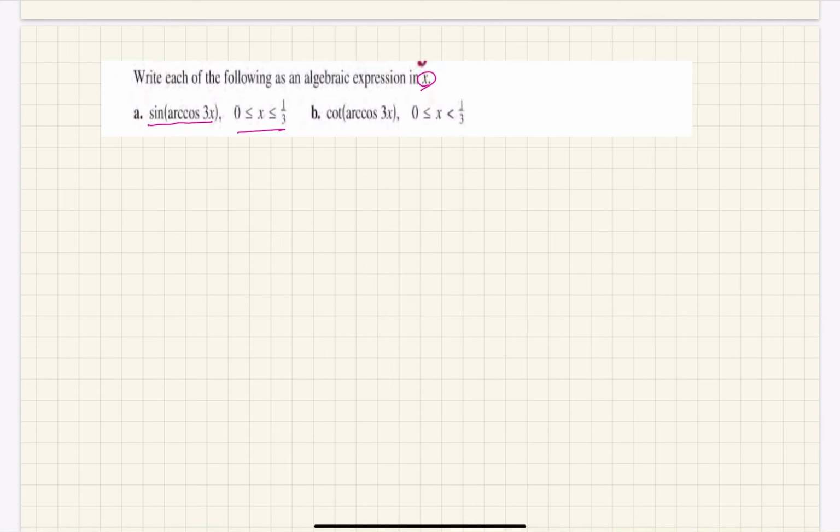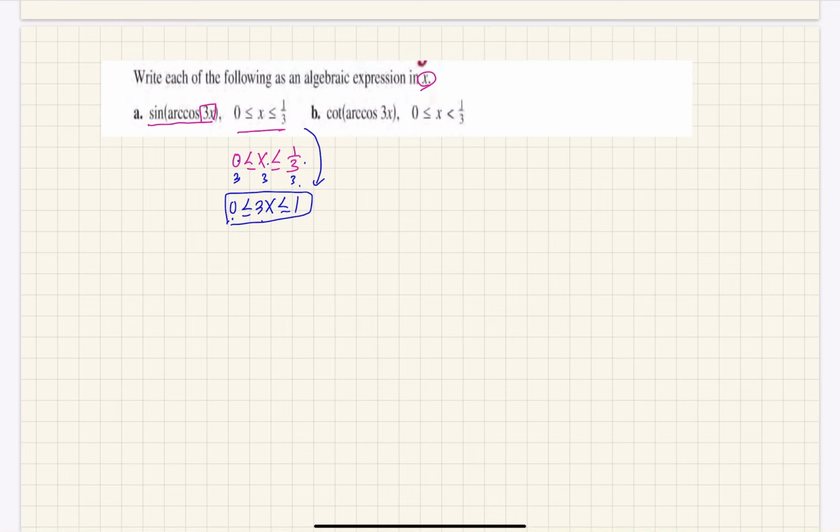Let's talk about 3x. If x is between 0 and 1/3, let's multiply by 3 on each side. 3x is between 0 and 1, because 0 times 3 is 0, x times 3 is 3x, 1/3 times 3 is 1. We found the interval of 3x, which is between 0 and 1.